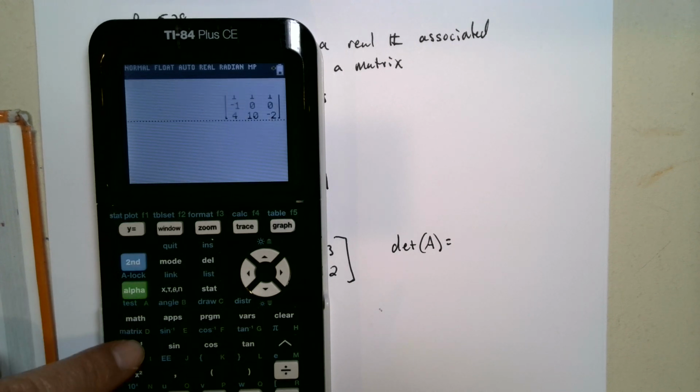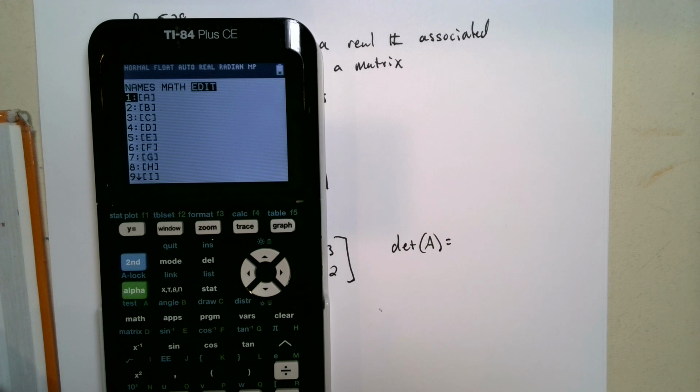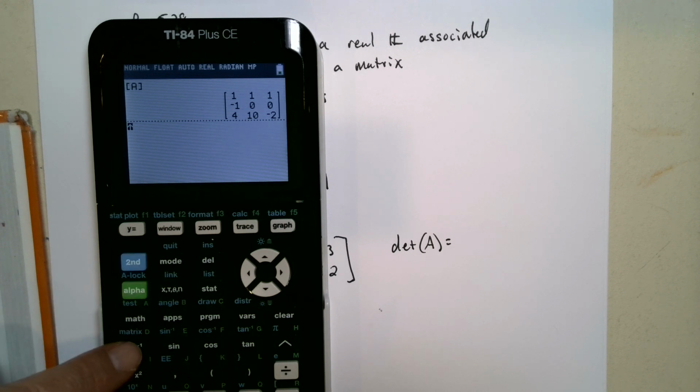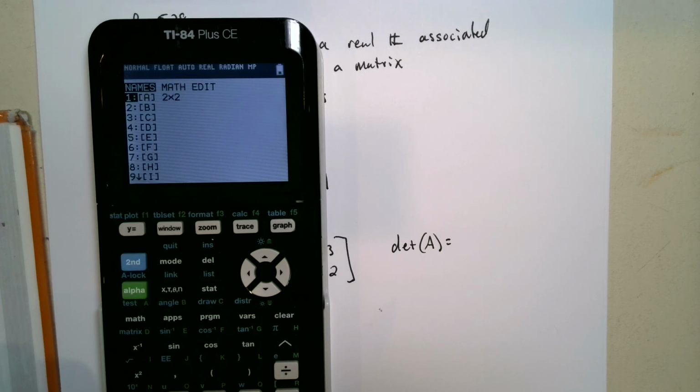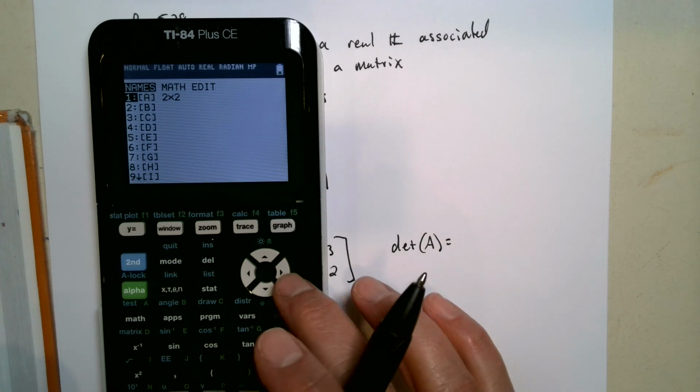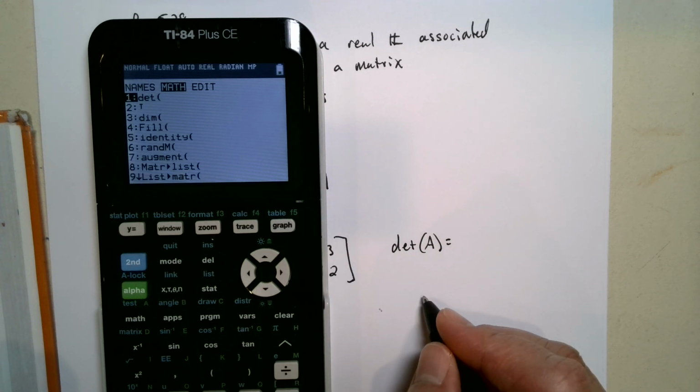So now I'm going to go back to matrix, edit. So the 2 by 2. And so I'm going to put in 2, -3, 1, and 2. All right, and now I want to find the determinant. So I'm going to go back to matrix. And this time we're going to arrow over to the math.